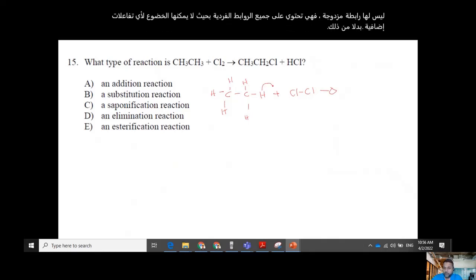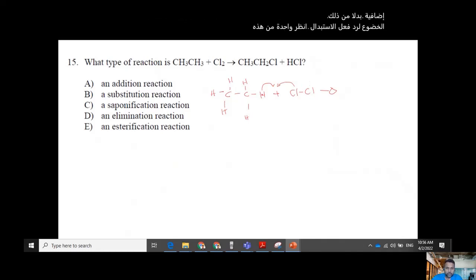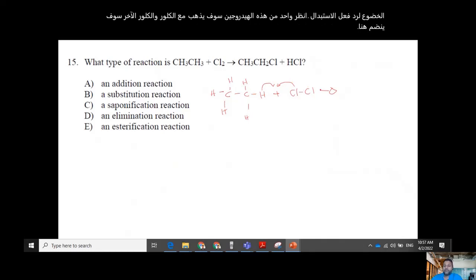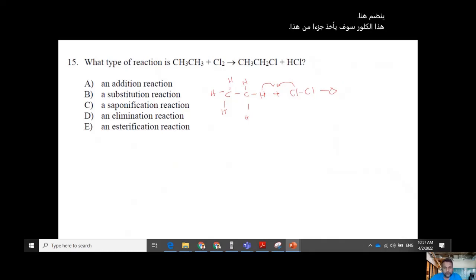See, one of these hydrogens will go out with chlorine and the other chlorine will join here. This hydrogen will go out with this chlorine and this chlorine will come and join there. So chlorine is taking the place of hydrogen.